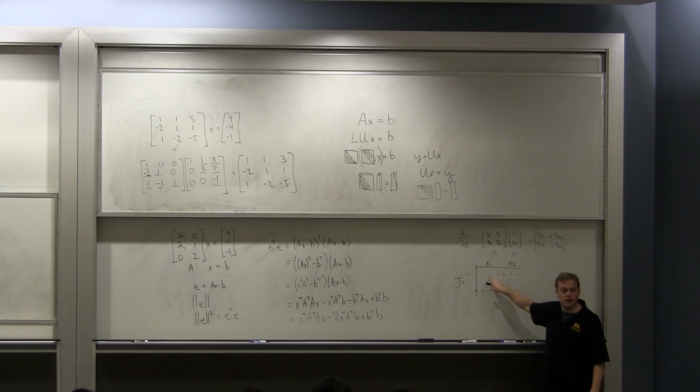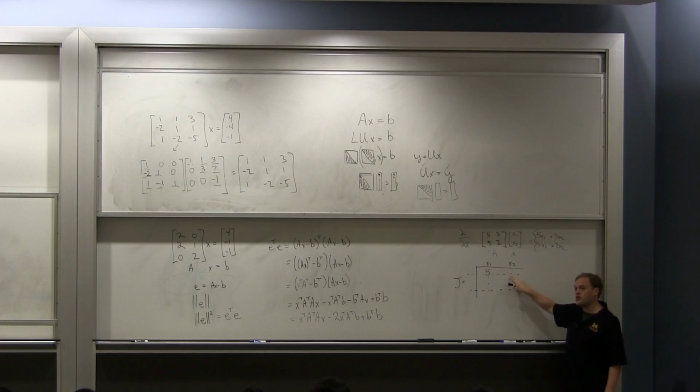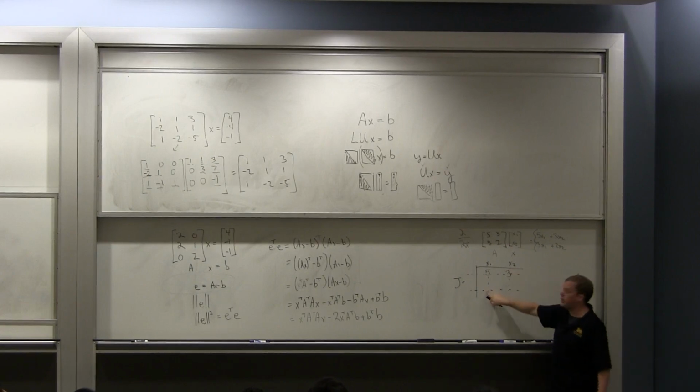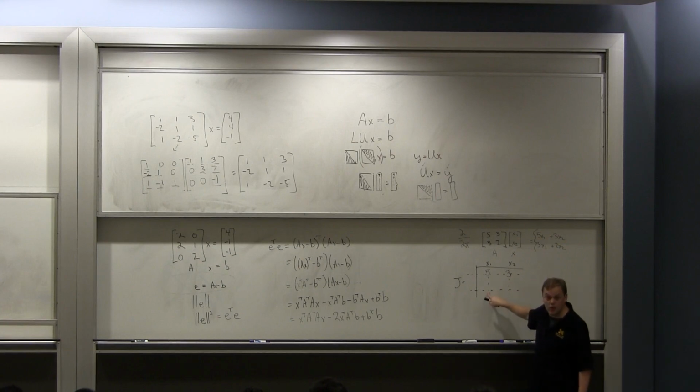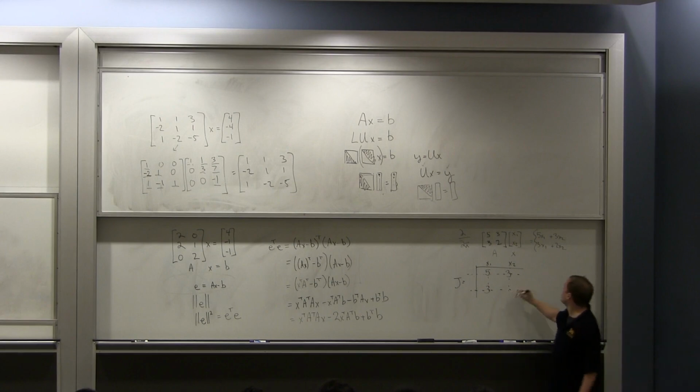The partial derivative of the first equation with respect to x1, which is, everybody? 5. What goes here? The partial derivative of the first equation with respect to x2, 3. How about here? Partial derivative of the second equation with respect to x1, which is 3. And here, partial derivative of the second equation with respect to x2, which is 2.